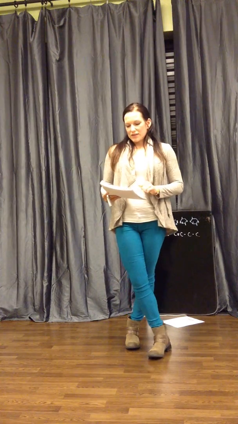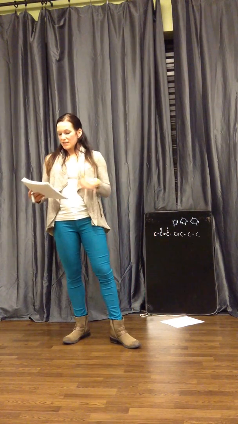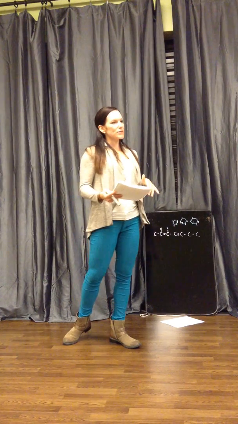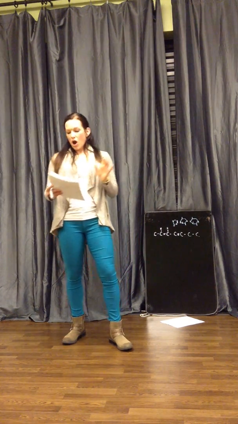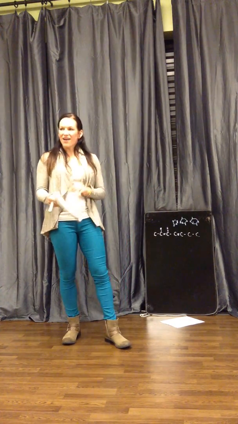So we're going to move on and talk about monounsaturated fats. Monounsaturated fats are found in olives, sesame oil, avocados, some nuts, and canola oils. These are liquid at room temperature, but they become solid when cold.